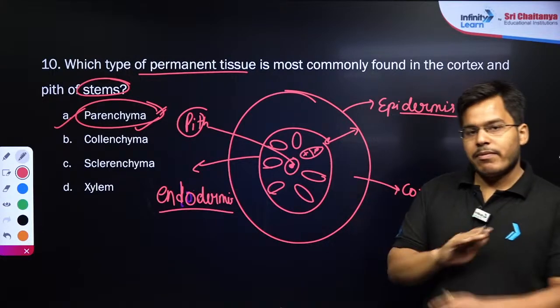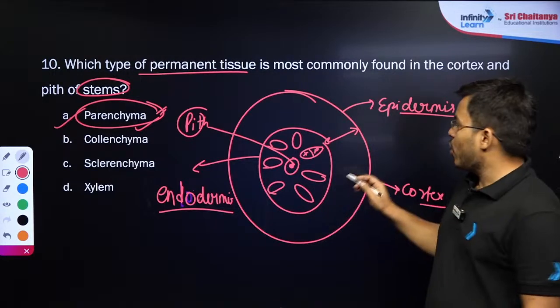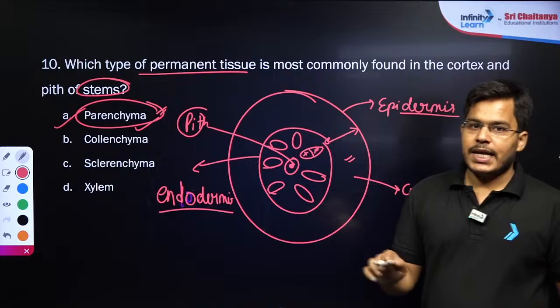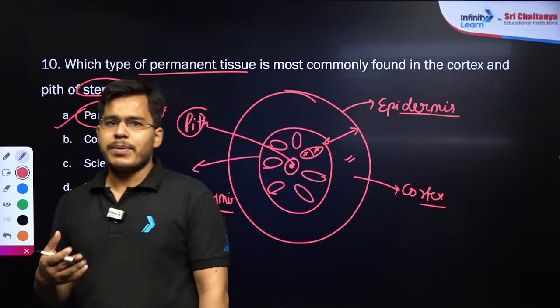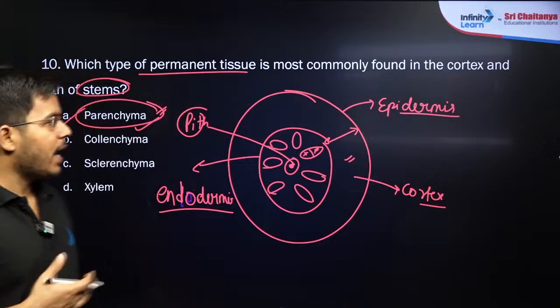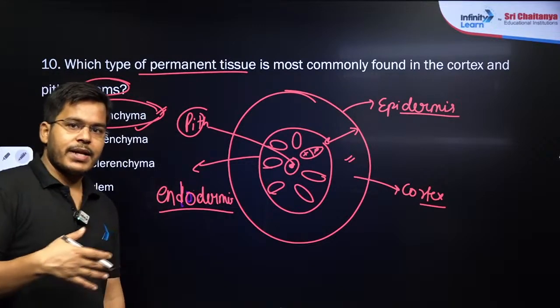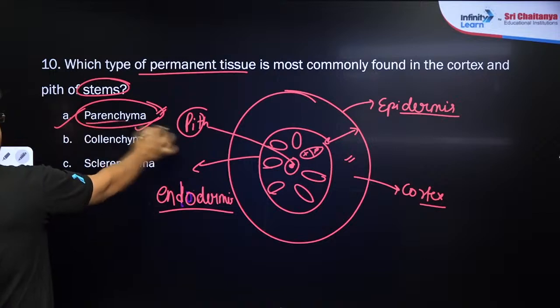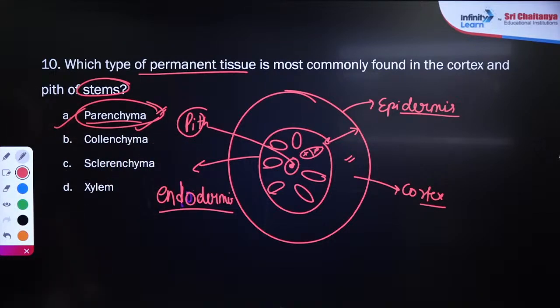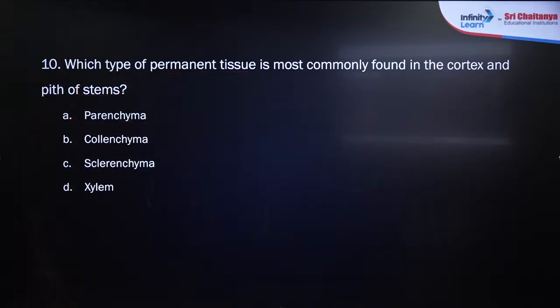But in the cortex portion of stems, there can be a little bit of change in the hypodermis portion only, right? But the most important abundant cells are going to be parenchyma cells. Okay, so let's move on, students, with the next question. The correct answer is parenchyma.